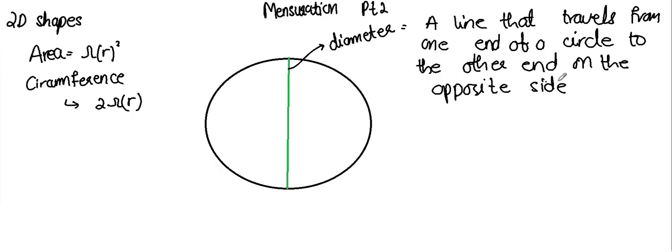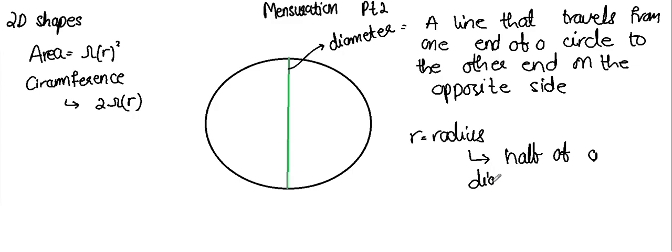Now, if we want to find the value of r, the letter r stands for radius. What's radius? Simple. Half of a diameter is called a radius. So if I stretch a line like this, it will be considered as the radius of the circle.